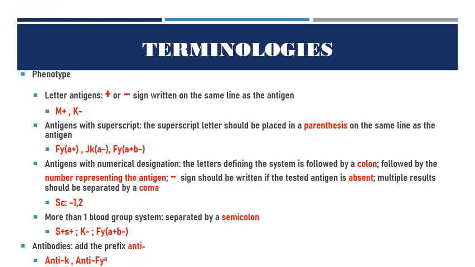There are different rules in writing the phenotype. For letter antigens, plus or minus sign should be written on the same line as the antigen. So for example, M positive, K negative. For antigens with superscript, the superscript letter should be placed in parentheses on the same line as the antigen.